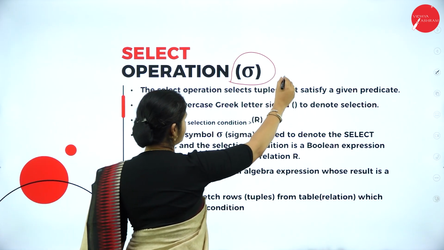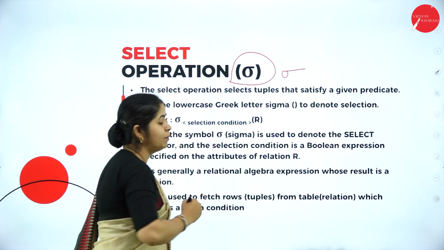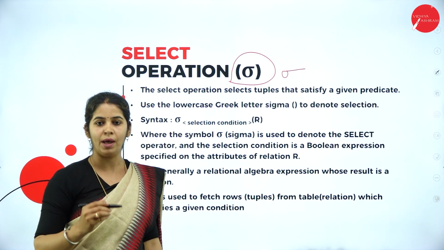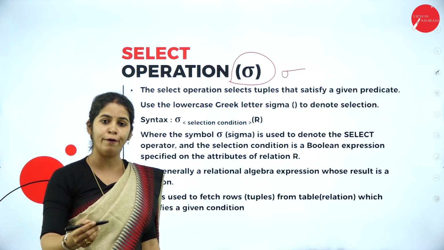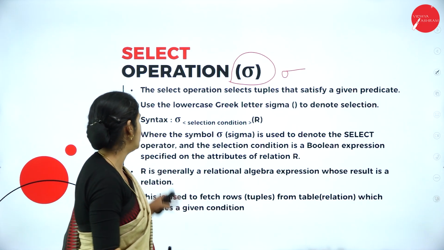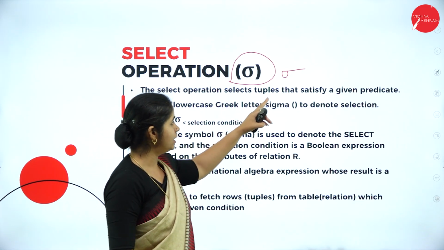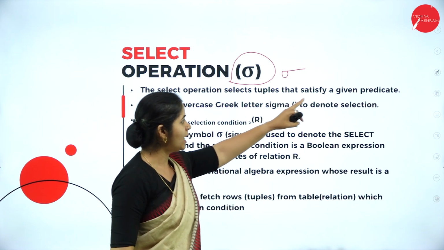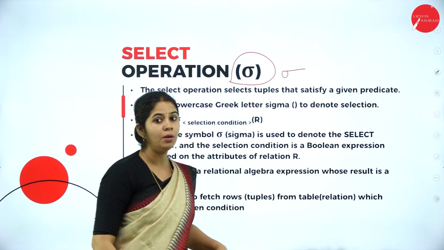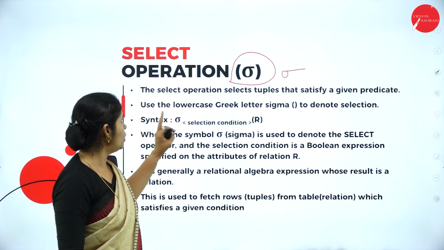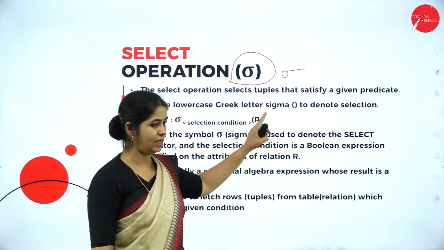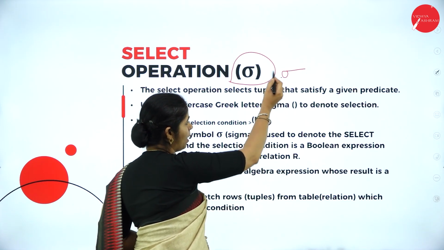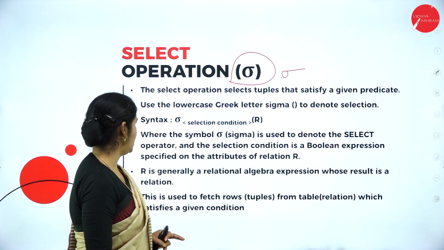If I write this sigma, that means you are indicating to the compiler or the computer that you have to go for the select operation. The select operation selects the tuples, meaning the rows in the table, that satisfy the given predicate. We use the lowercase Greek letter sigma to denote the selection.